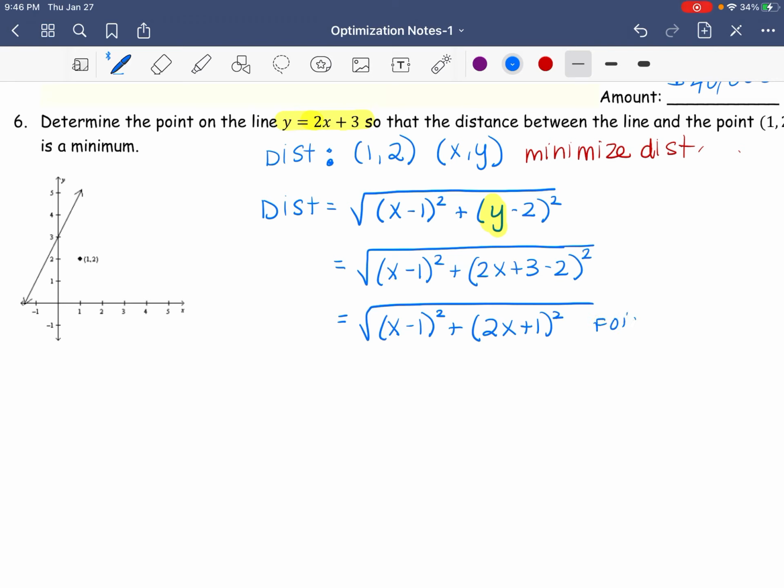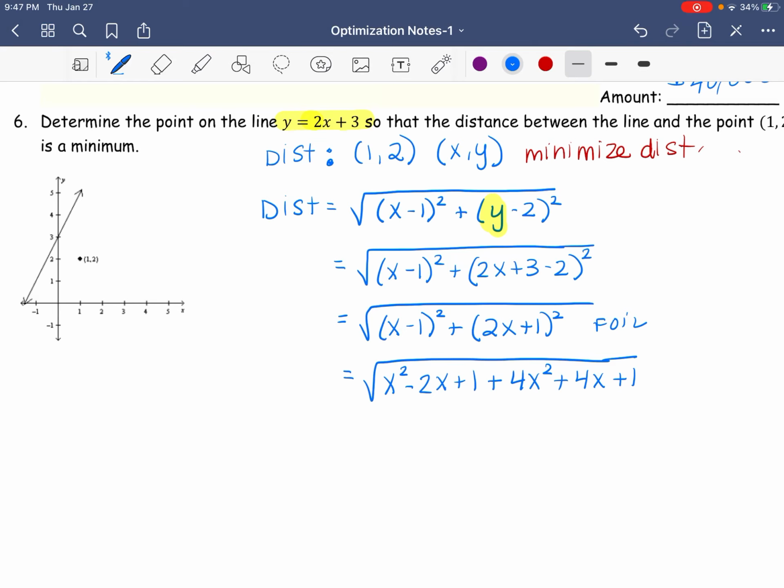I'm going to FOIL both sets of parentheses. I'm not going to write it twice, but in my head I'm going to imagine that I'm writing it twice. And I get x squared minus 2x plus 1 plus, if I FOIL my second set of parentheses, 4x squared plus 4x plus 1.